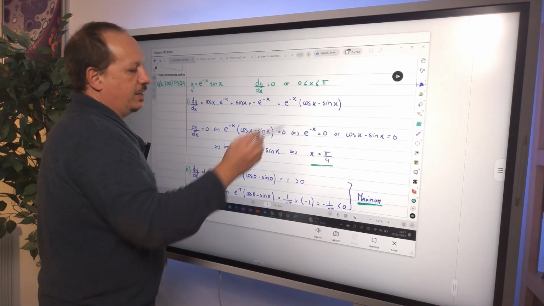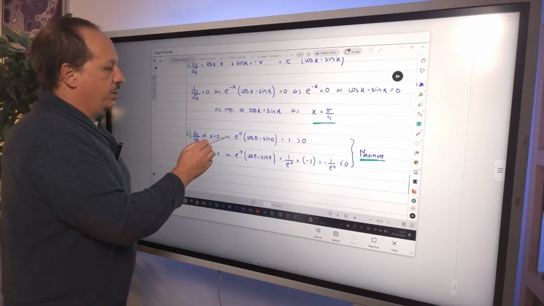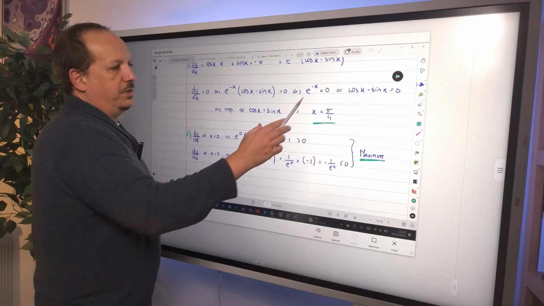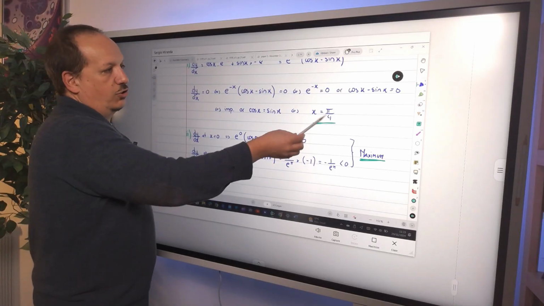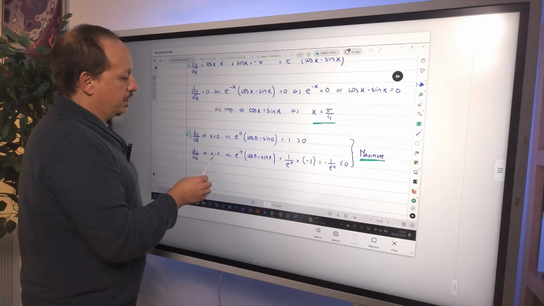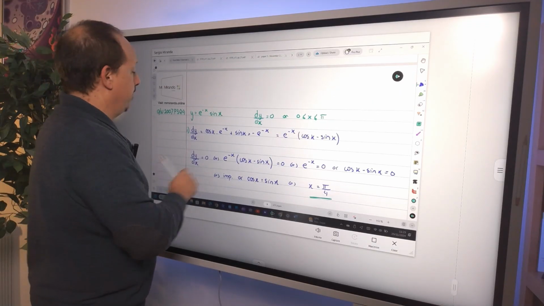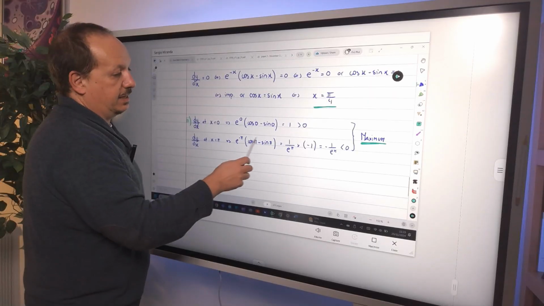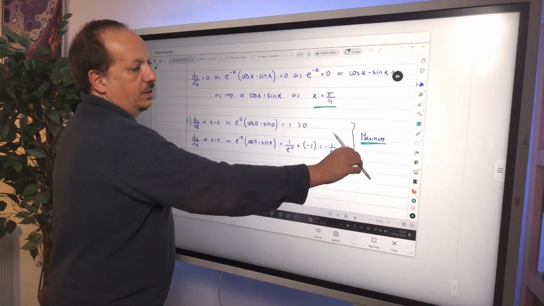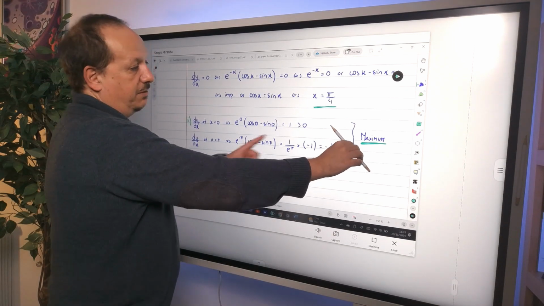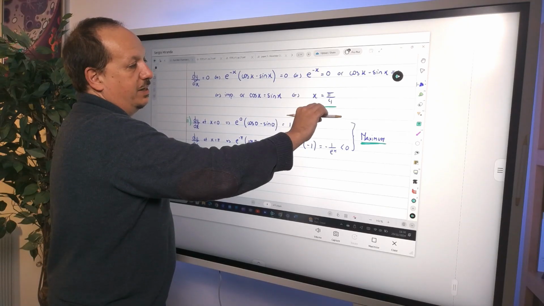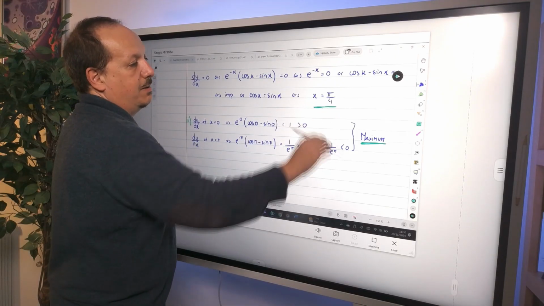If you plug in this value, as I did over here, and you find, as I did, that this is a positive number, means what? Means that the gradient when x equals 0 is positive. If you do the same thing for pi, as I did, and figure out that the result is a negative number, this means that the gradient is negative. So positive, negative, right in the middle, when it is 0, means that this is a maximum.